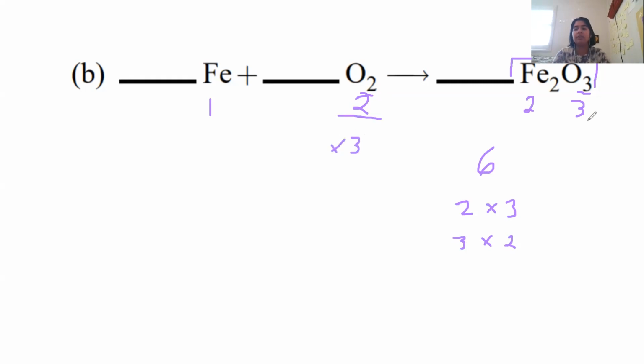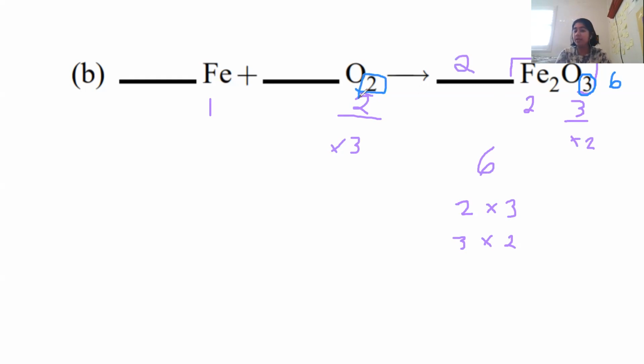And we have this O3, we need to multiply that by 2 to get a 6. So let's try that. Let's put 2 here. Okay? So we put 2 there, so that gives us 2 times this guy right here is equal to 6.